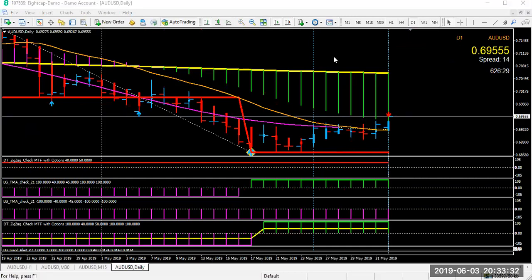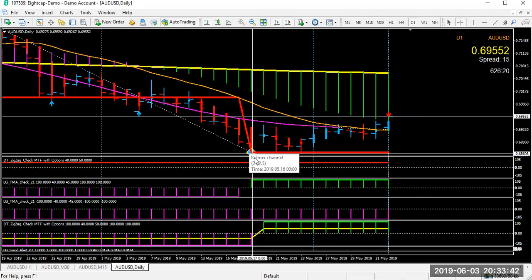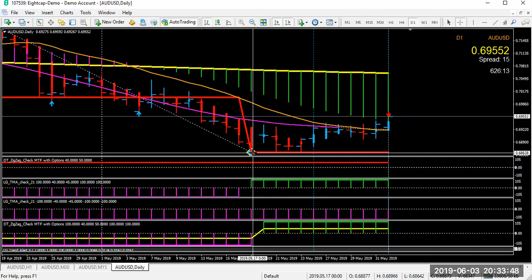Okay, so once again, we can see that price action has hit this low on the 17th of May, which was 68.68642.